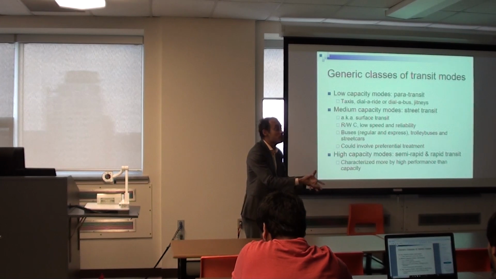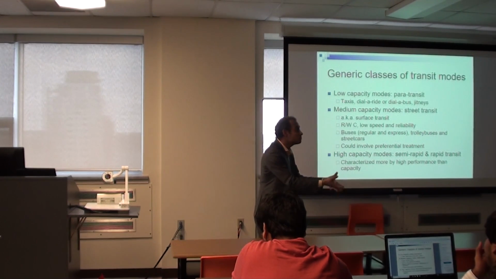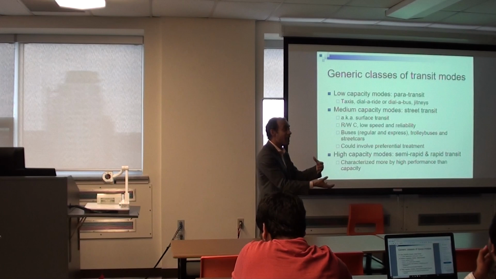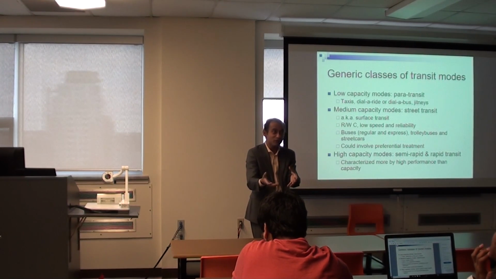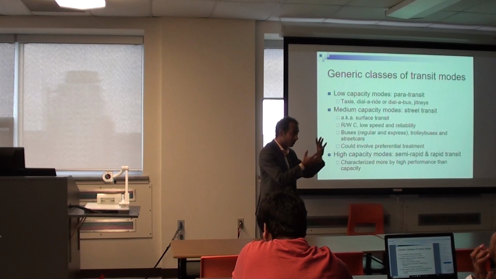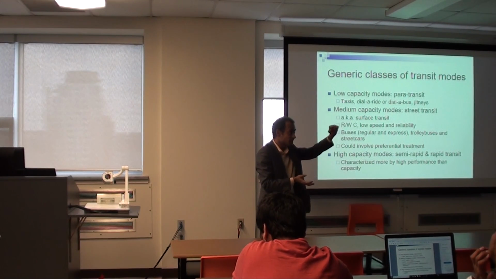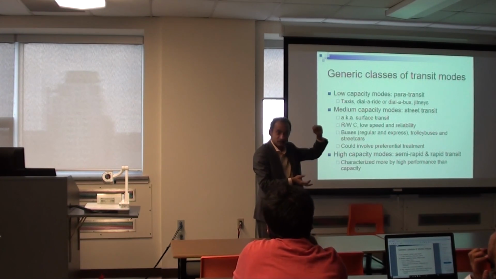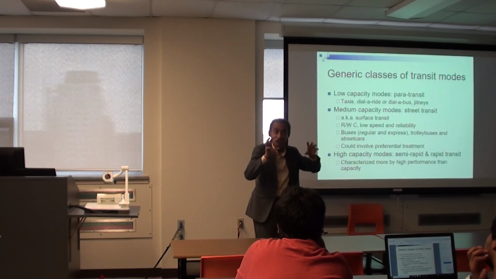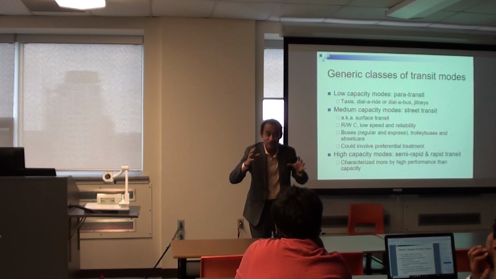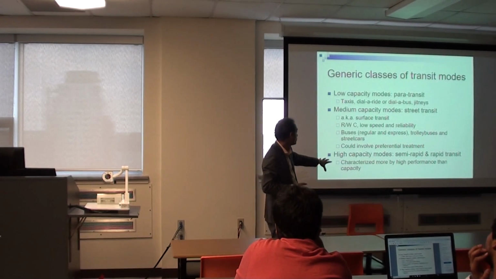It could also be a trip market segment. What kind of trip are you trying to serve? Is it a work trip? Is it a non-work trip? Recreational trip? Discretionary trip? We talked about the different types of activities in the first class: mandatory activities, maintenance activities, and discretionary activities. So transit planning needs that information and thought.